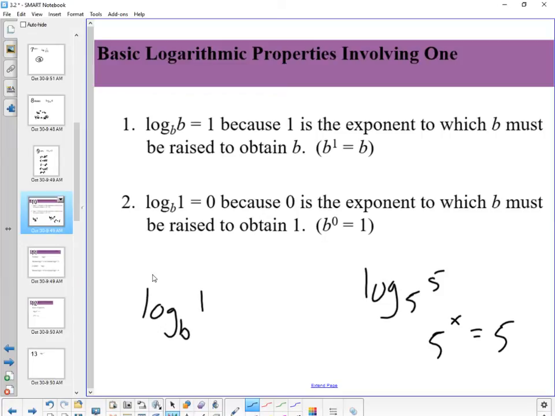Well, let's take a look at this one. This one is telling me that I've got some number to some power, and I get 1. That means that this number had to be to what power? 0. Because anything to the 0 power is 1, except for 0 to the 0 power.